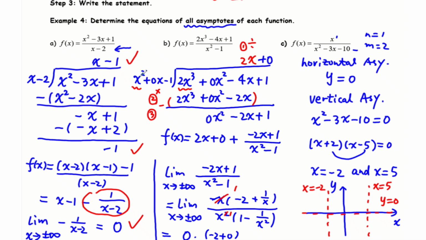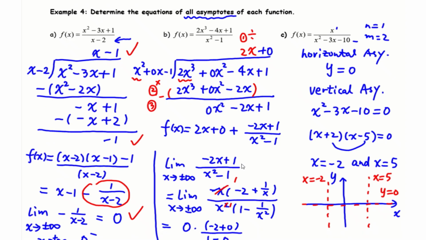Then first term divided by first term to get the first term of the quotient, then multiply the quotient by the divisor, then subtract from the dividend. Then first term divided by first term again to get the second term of the quotient. Then make sure to show the limit of the remainder is 0. Then our conclusion is the first part, the quotient, is our oblique asymptote.